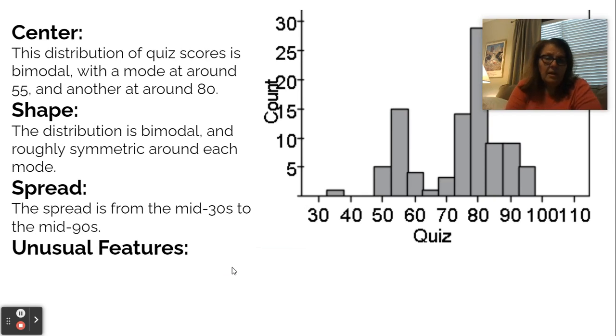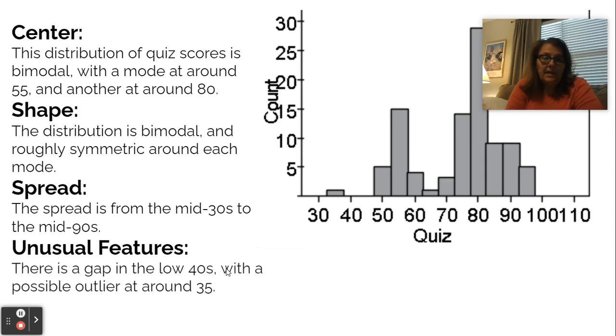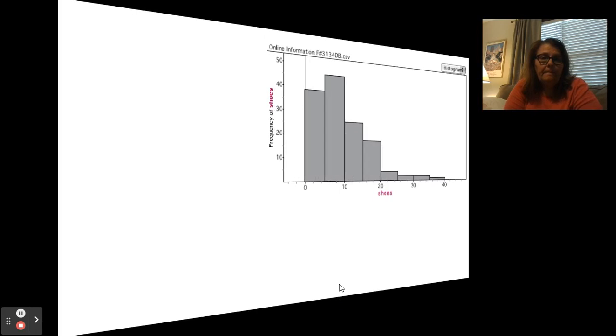Unusual features. We can basically say there is a gap in the lower 40s with a possible outlier at around 35. Okay. So we've talked about the center, the shape, the spread, listed any unusual features. And as always, we were being specific.